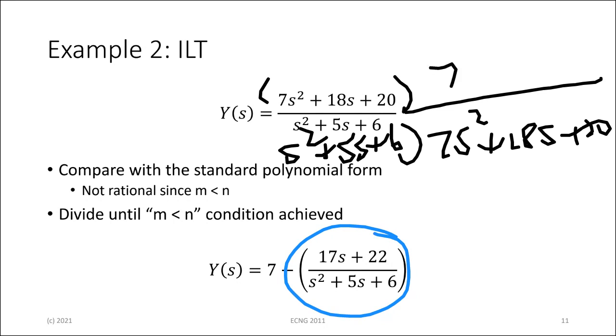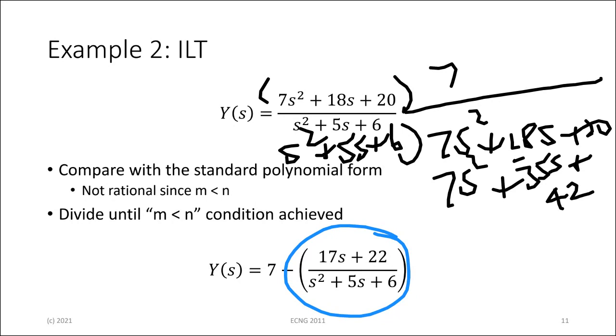The first thing is going to be 7, so you're going to get 7s squared plus 7 times 5s, 35s, right, plus 42. 7 times 6 is 42, something like that. Okay, so take this away now, and it's going to give you 18 minus 35, that's 17s, and I can't read my own handwriting, 20 minus 42 is going to give me the 22, right? Fair enough? Yes, sir. Thank you.